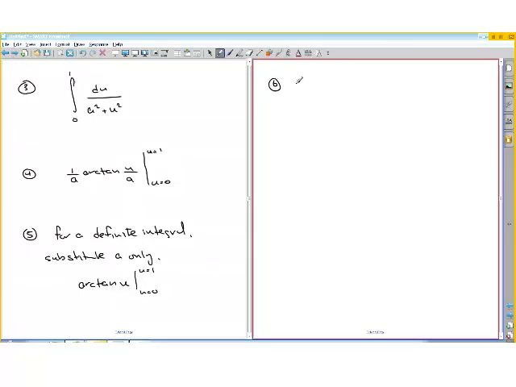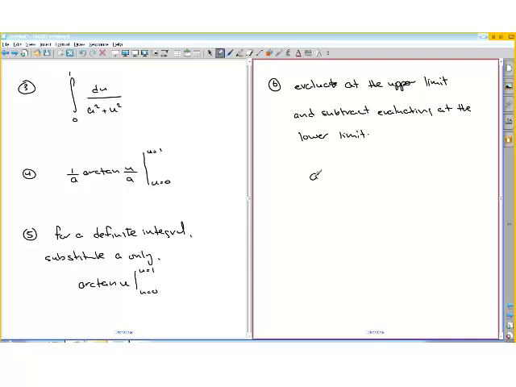So our step 6 here is now just to plug the numbers in, evaluate at the upper limit and subtract evaluating at the lower limit.